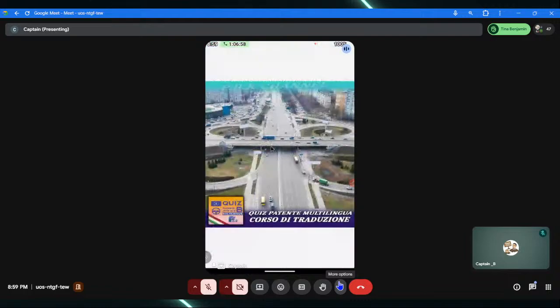A raised road. This is not autostrada. This is extraurbana principale. This is a raised road. How does it work here? You see, there is one here. You go, you come like this. Come there. You go on that one again. You go. You come here. You see, these are all the roads. In this extraurbana, you can find this kind of thing. Okay? And it is true. È vero.